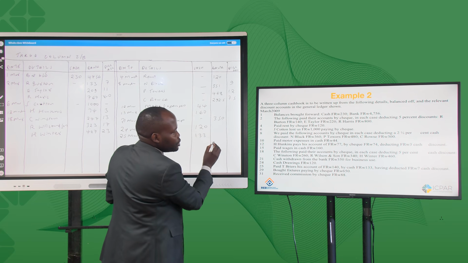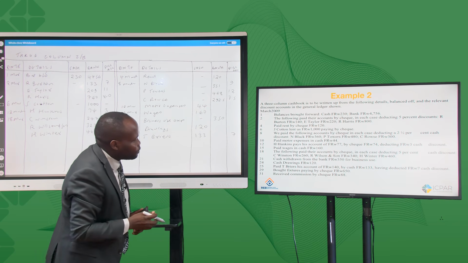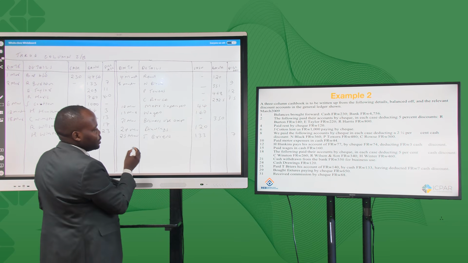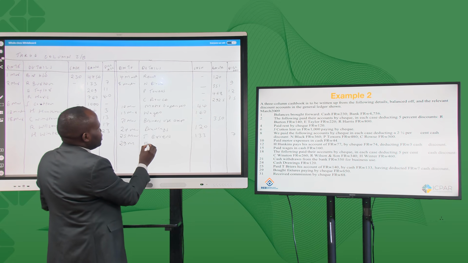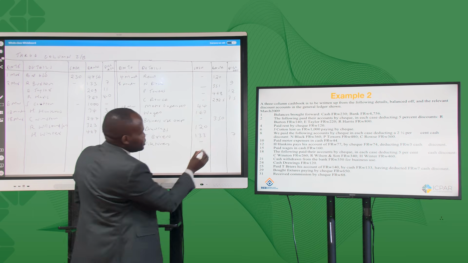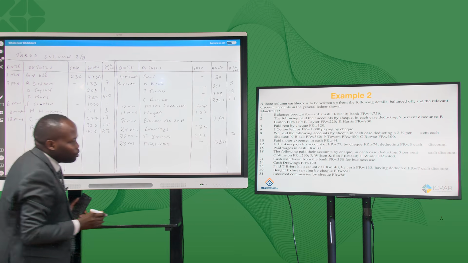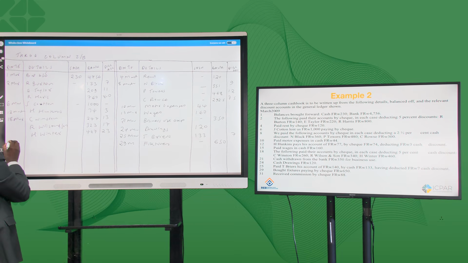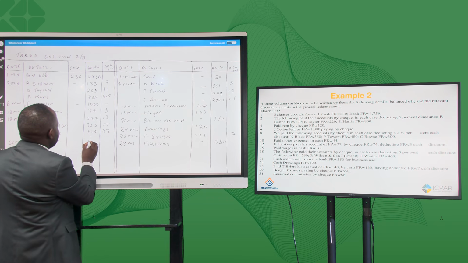And the discount is 7. Next, fixtures paying by check. So 29th, fixtures paying by check, 650. And lastly, received commission of 88 by check. 31st March, commission received by check is 88.